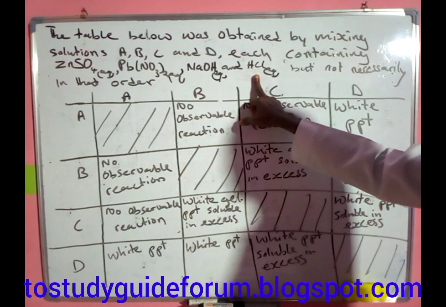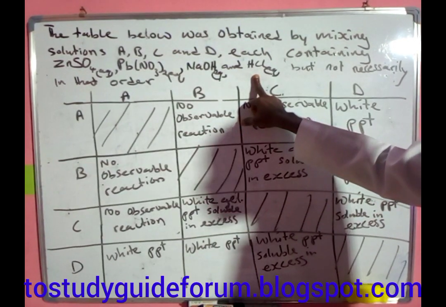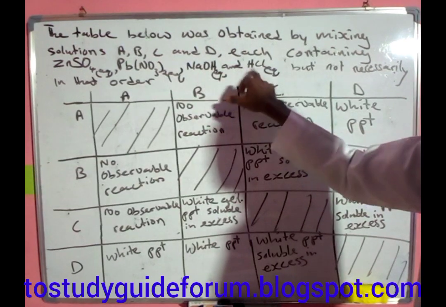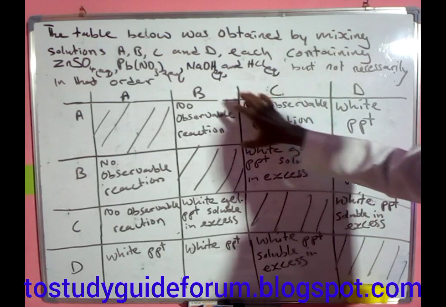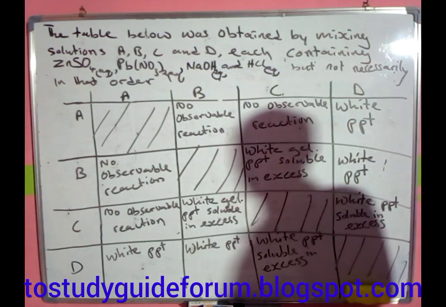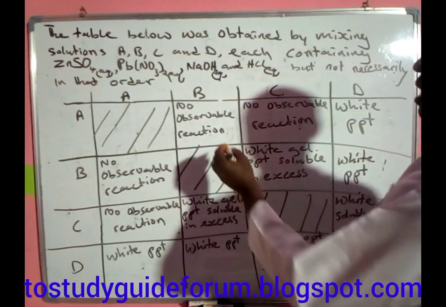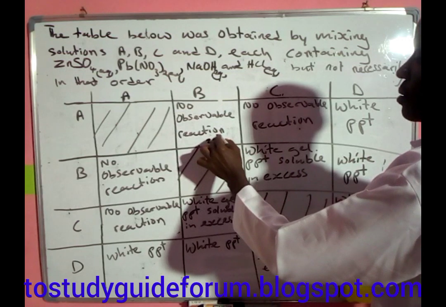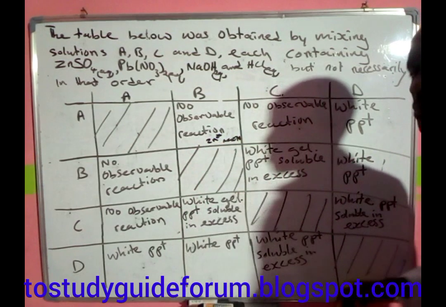There will be no change. The reaction will just go on like that, except you have an indicator to tell you when you have reached the end point. This is more like an acid-base reaction. So there will be no observable reaction there. Looking at that, it's possible that what we have here is likely to be zinc ion, and sodium hydroxide is likely to be also here.